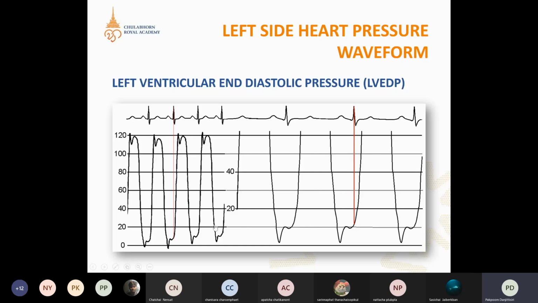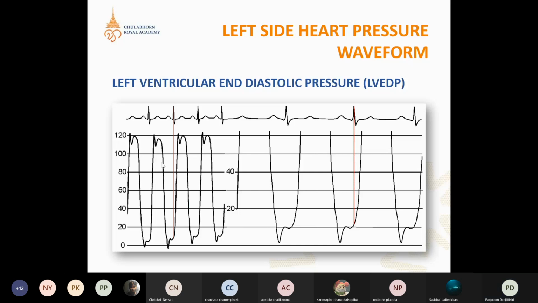The doctor may ask you to measure the LV EDP. So you have to change the scale from the maximum. The original scale for monitoring the left side of the heart is around 200 millimeters.